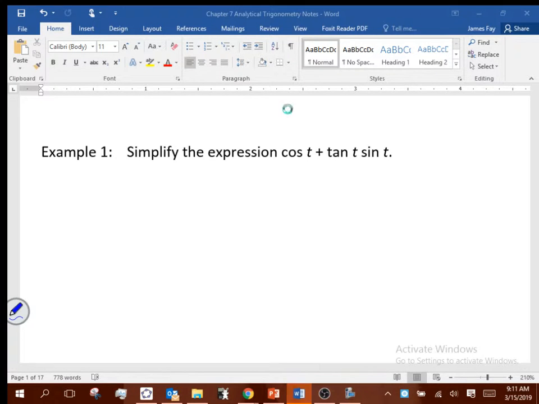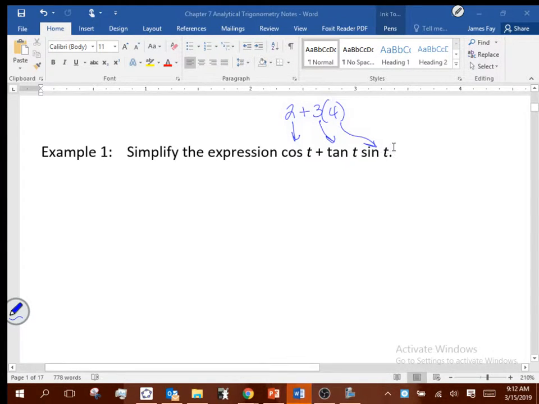For instance, if I had 2 plus 3 times 4, okay, where the 2 kind of corresponds to the cosine t position, the 3 is kind of the tangent t, and 4 is the sine t, what would you do first? Yeah, you'd multiply, the order of operations. So I want to make sure we understand that thing right there, we're simplifying or evaluating, that is going to kind of govern the processes that we go through, okay?